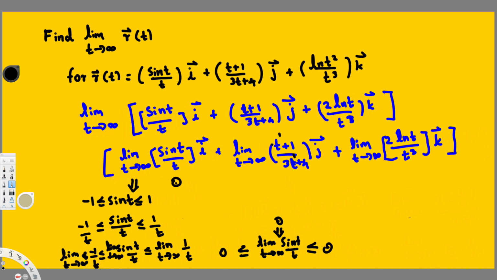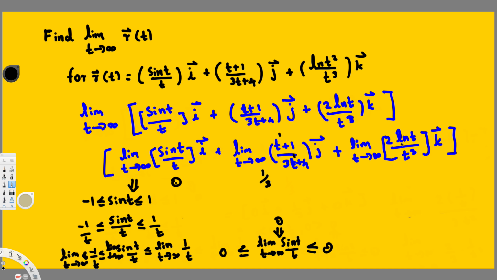The coefficients of this leading power give the limit. Here we have 1 in front of this t, right? When we have nothing, it's 1, and in the bottom one we have 3. So 1 over 3 is going to be the limit of this one. So we don't have to do L'Hopital's rule. We can easily find it by the coefficients.